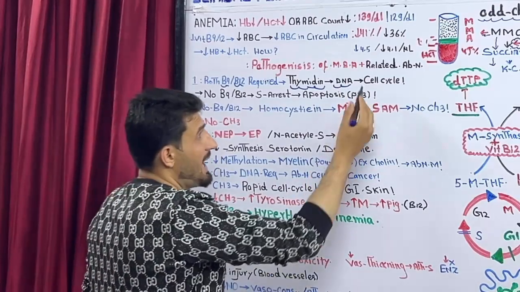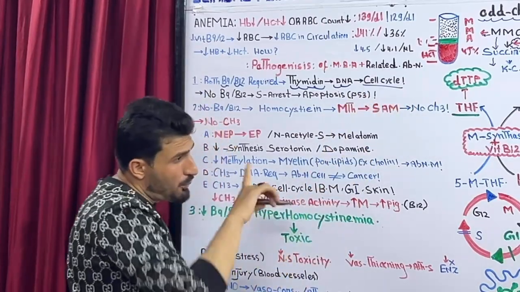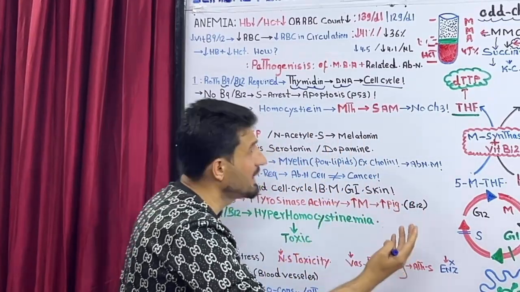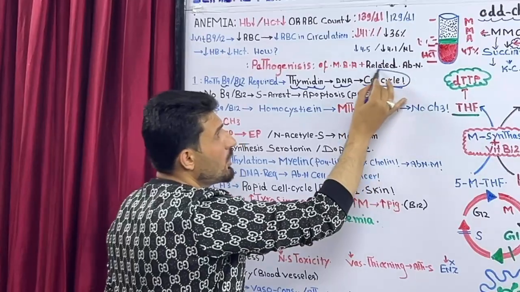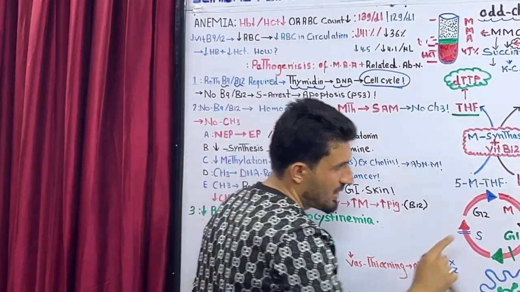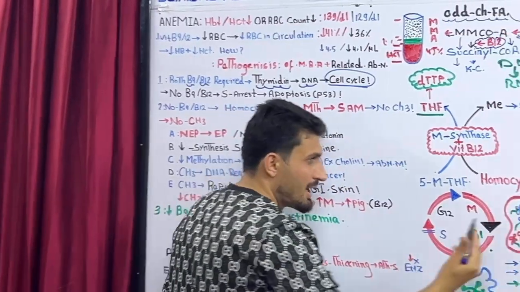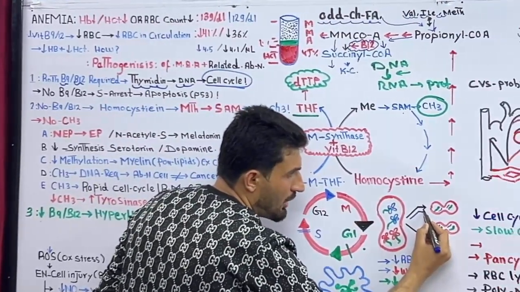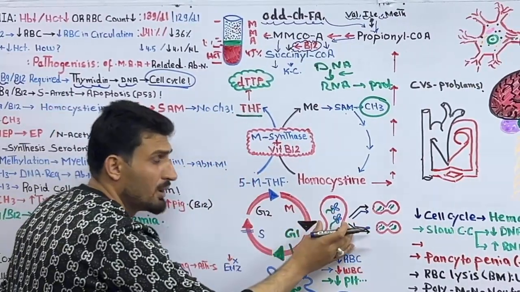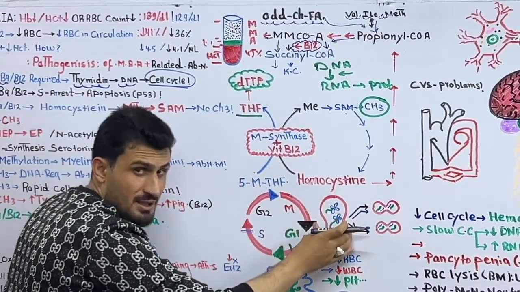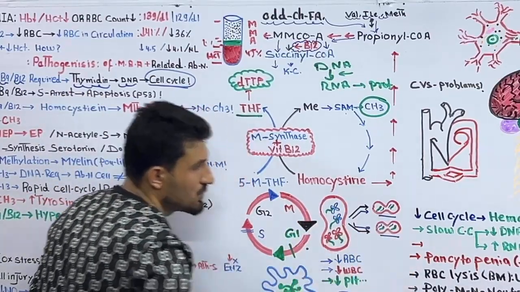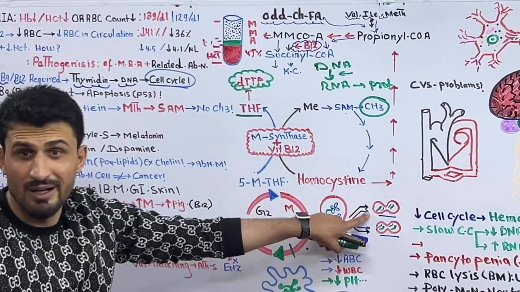Got it? So now to make from one cell two cells, it means to duplicate our cell, we go through a process which is called cell cycle. Come here, for example, this is an RBC. Now to make from one RBC two RBCs, we need to duplicate all our nucleotides, our DNA, our nucleus, and then it will be divided into two daughter cells.